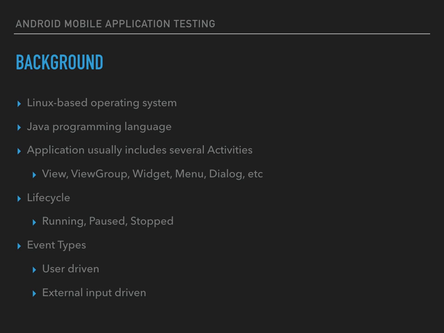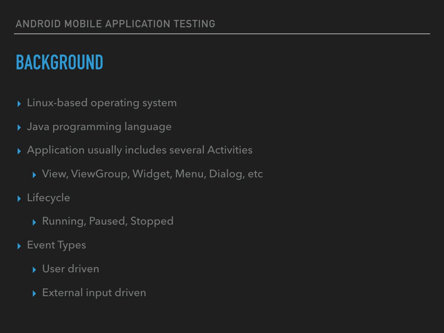Now, as I said, in this presentation we're going to focus on Android mobile applications. For those who are not familiar with the Android platform, I'll just give you a quick little background. So, to get started, Android is a software stack for mobile devices that includes a Linux based operating system.